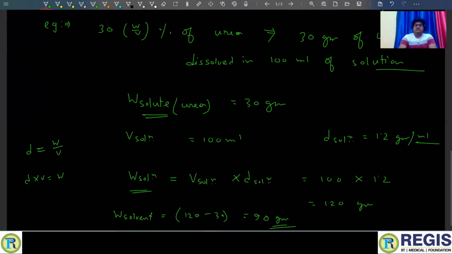Is it clear? Do you have any doubt regarding this part? So this is about the second concentration term, which is under group A. Now we are moving to the third concentration term, one of the most important concentration terms, which is molarity.